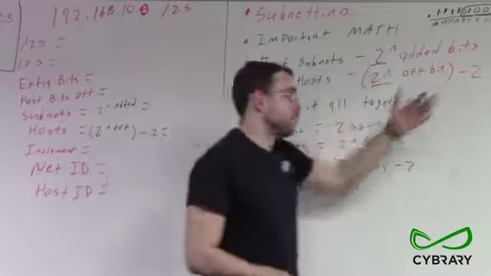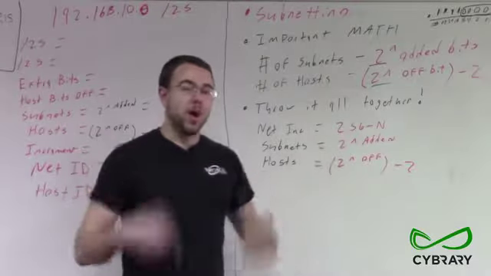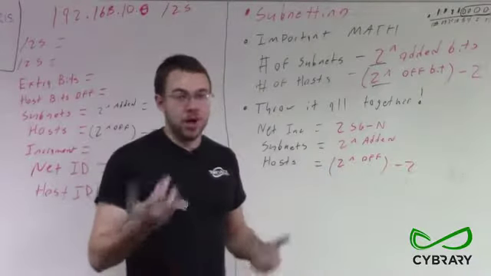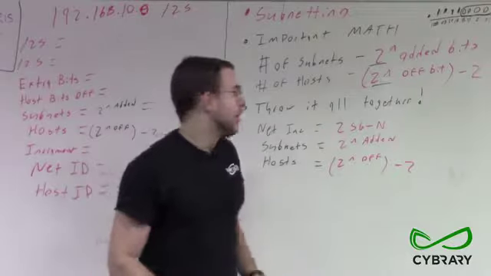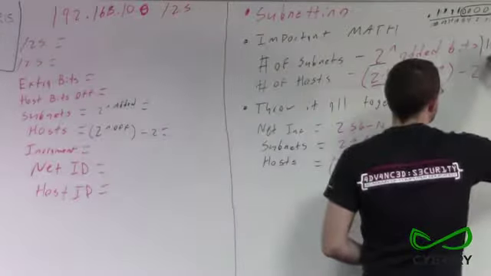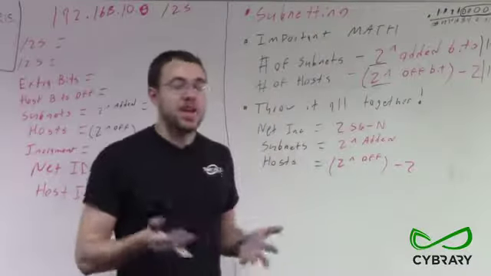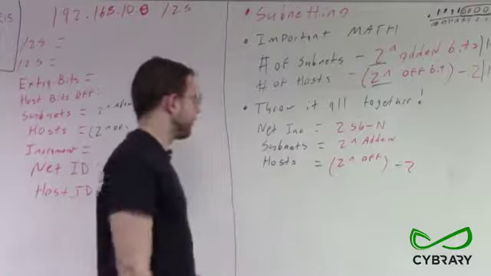Minus 2 because we subtract our network ID IP address and our broadcast ID IP address. So we have 16 potential subnets and 14 usable hosts in each of those subnets.